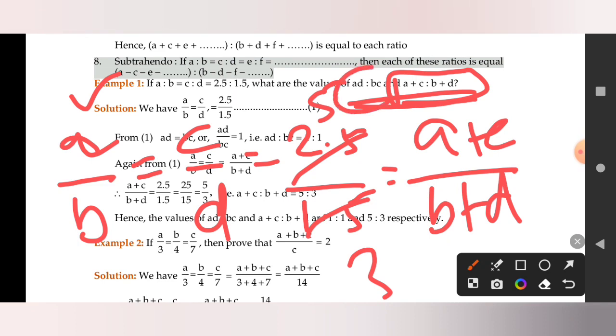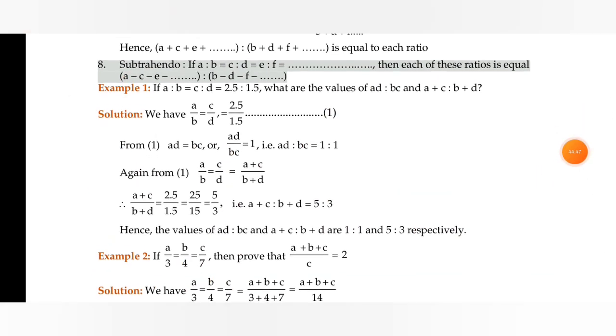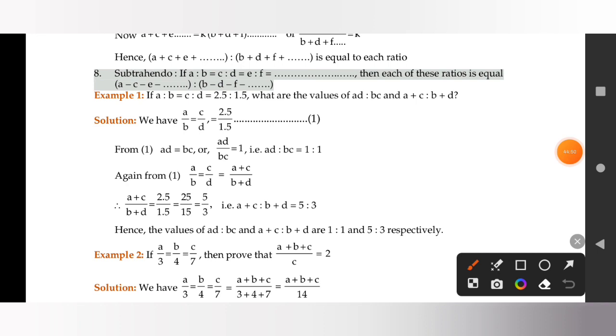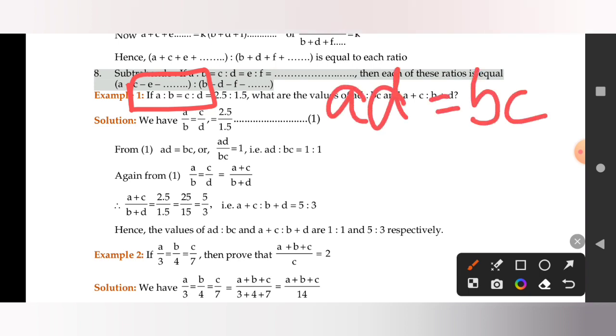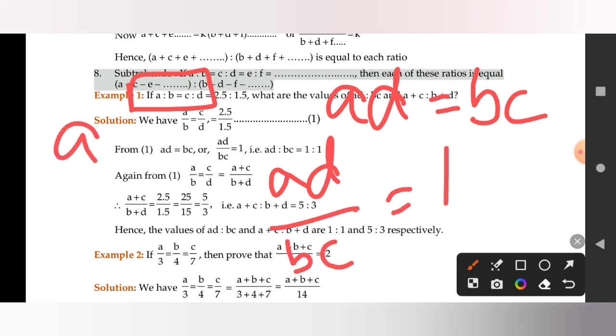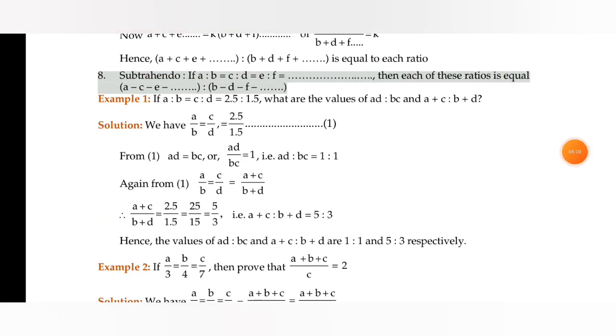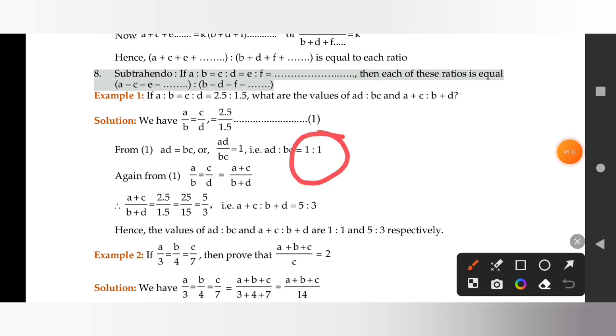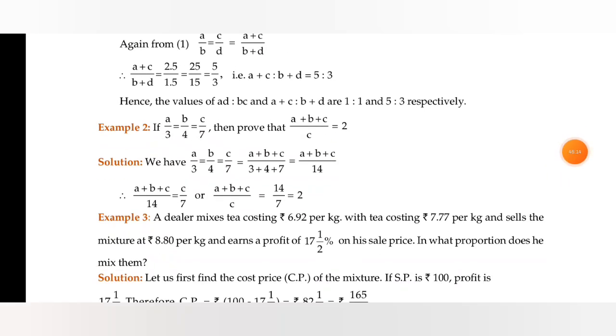And for the first part, if you cross multiply, you get AD equals BC, correct? So AD divided by BC is equal to 1. So AD is to BC will be 1 is to 1. Let's check the answer: 1 is to 1 and 5 is to 3.